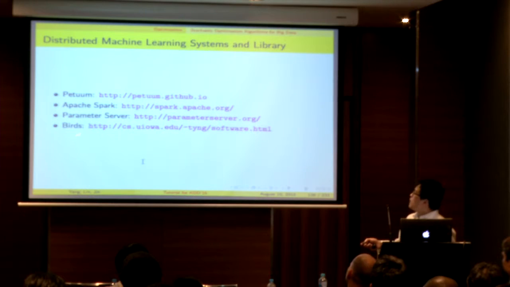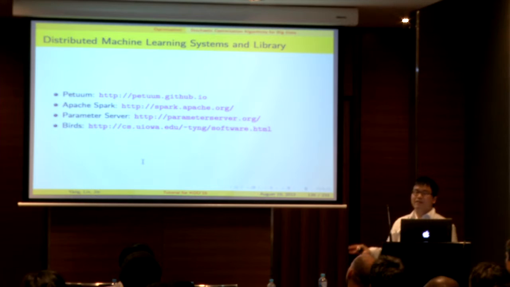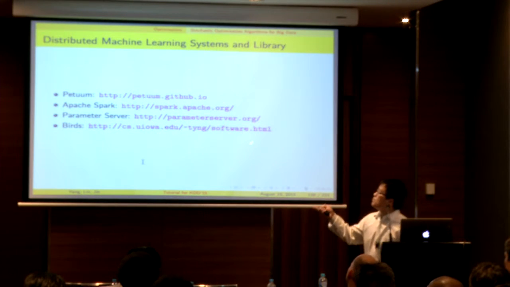And what I want to mention is the last one, BIRDS. It's actually written by Tianbao. You can download this software that supports distributed learning for a lot of loss functions, hinge loss, square loss, and so on. It's very easy to use, and there's an introduction on the same website.